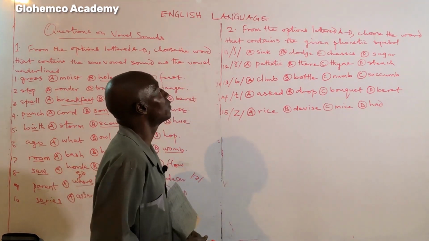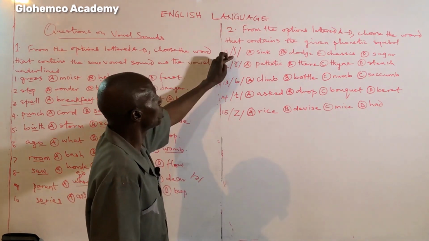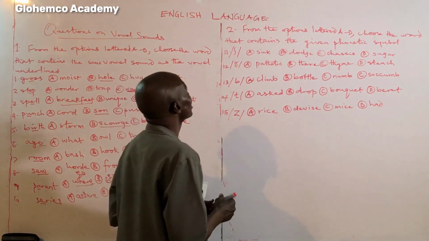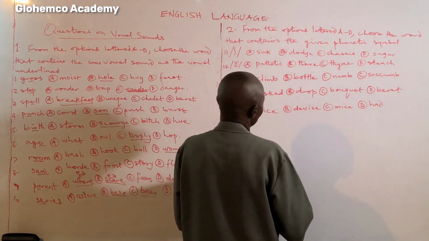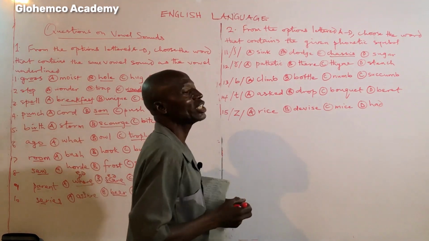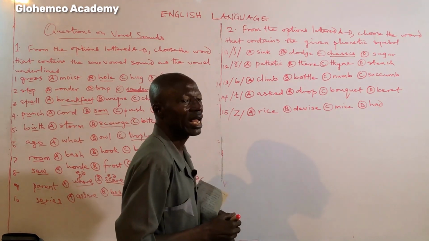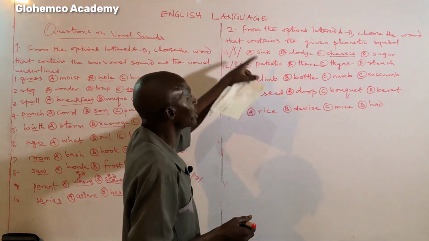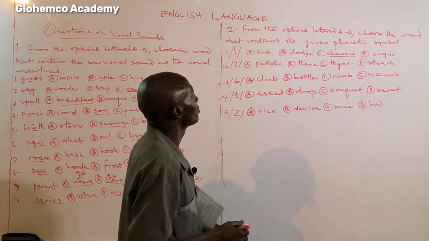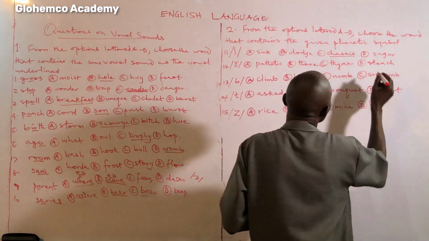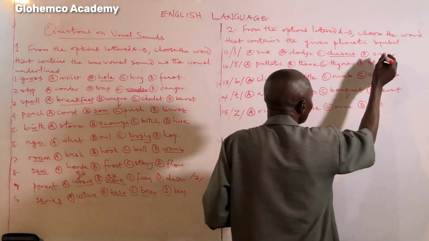I told you yesterday that this is SH. So the answer to this is chassis. It's not cha, but sha. And just as this one is SH, chassis, if that is correct, then this one is also, because this one contains it too.